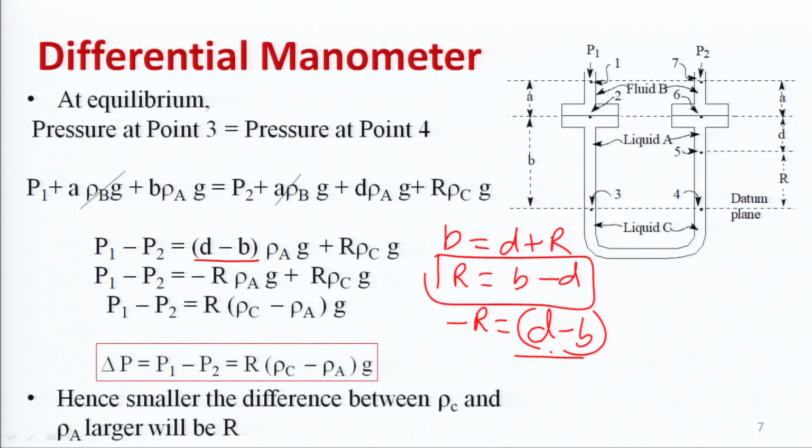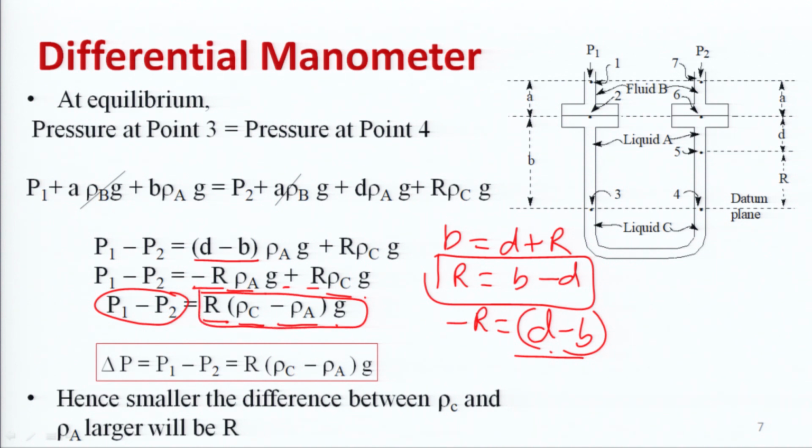So, this equation changes to minus R rho A g plus R rho C g. Again we will take R as common from both of these. So, P1 minus P2 is equal to R (rho C minus rho A) g.